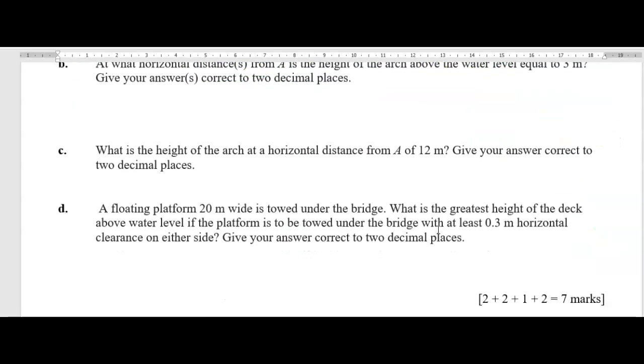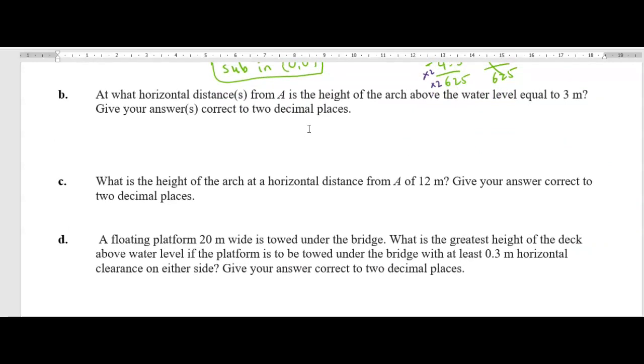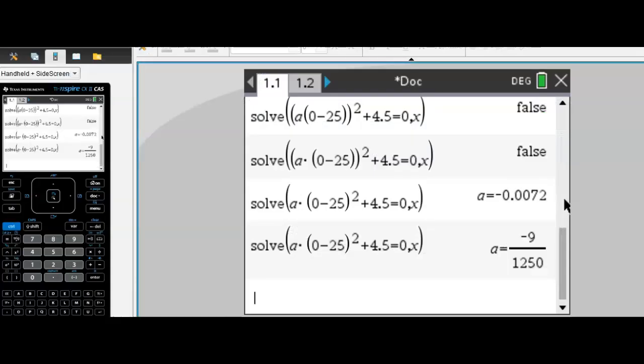All right, so let's do it by hand. We're going to sub in y equals 3. Now, I'm very conscious of the time. We're already at 27 minutes, so I'm going to quickly do it on the calculator. Okay, so again, we can go to solve.